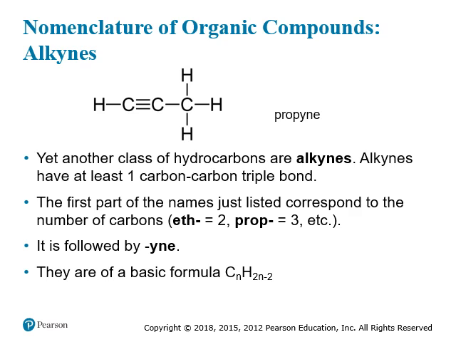So a 2-carbon alkyne would be called ethyne. A 3-carbon, as is seen at the top of the slide, is called propyne. And the formula for an alkyne is CnH2n-2. So as we see, propyne has the formula of C3H4.